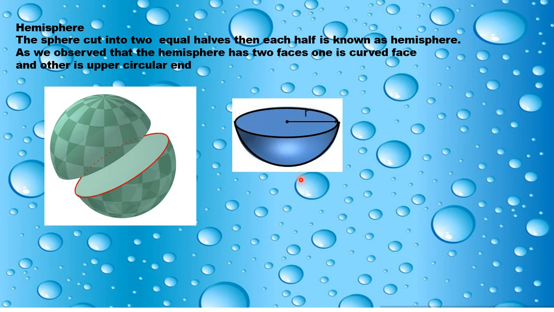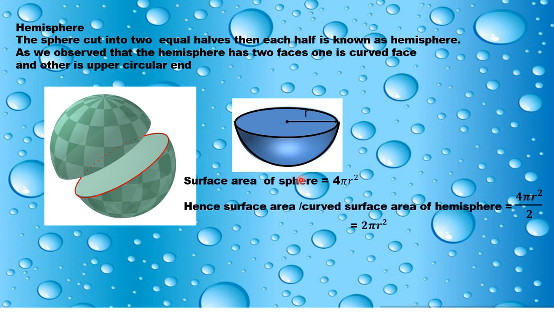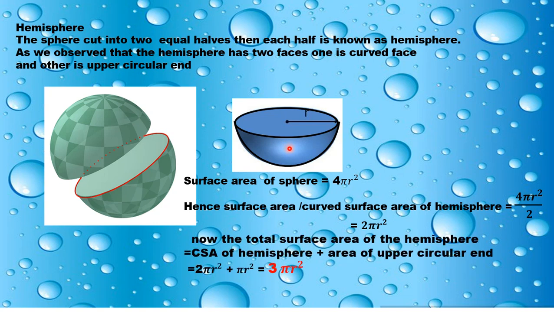So here we get the curved surface area and the total surface area. The surface area of sphere, as we know, is 4 pi r square. Half of this surface area of sphere becomes the curved surface area of hemisphere, that is 4 pi r square upon 2, equal to 2 pi r square. Now when we calculate the total surface area of this hemisphere, it will be curved surface area plus area of this circular end.